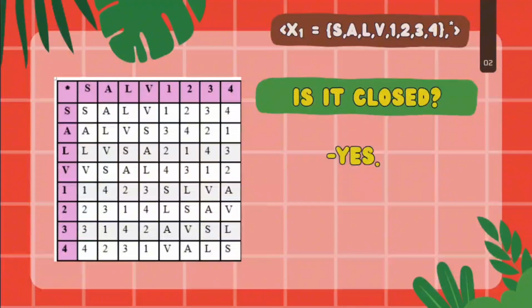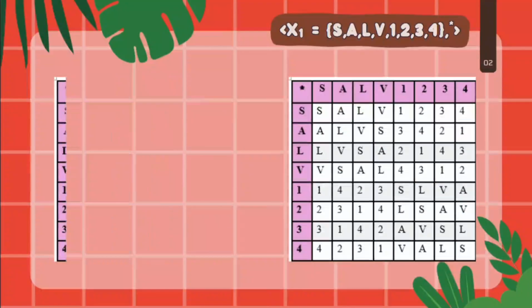The answer is yes, since as you can see, all of the possible combinations that we have in the table are still in the set. In short, our table is closed. So in order for us to know if it is associative, let us rotate it 180 degrees clockwise.